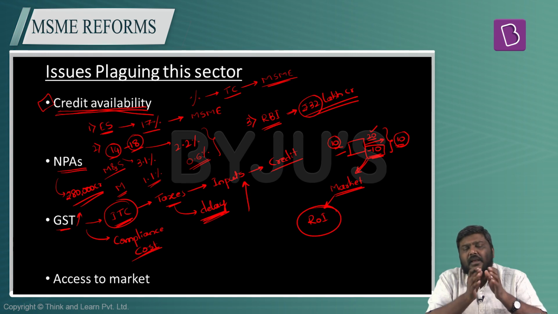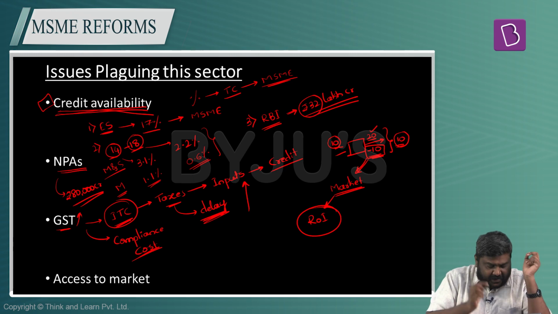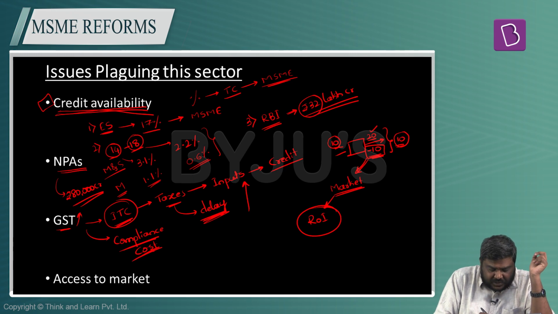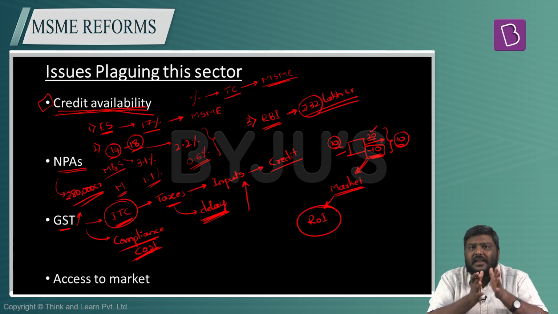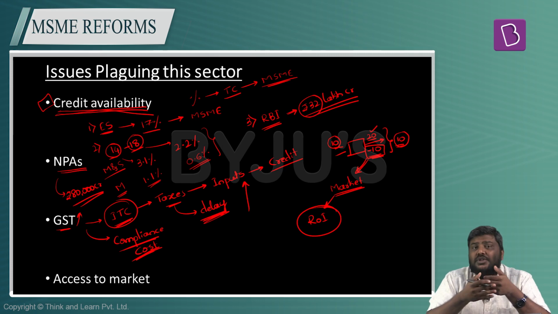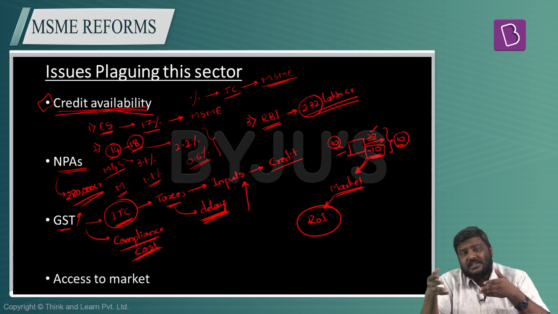On the second hand, the compliance costs have kept on increasing because earlier there was no compulsion on these companies, especially the MSMEs, to ensure that their vendors are also on the GST network. Now, the MSME sector has to ensure that their vendors are on the GST network.